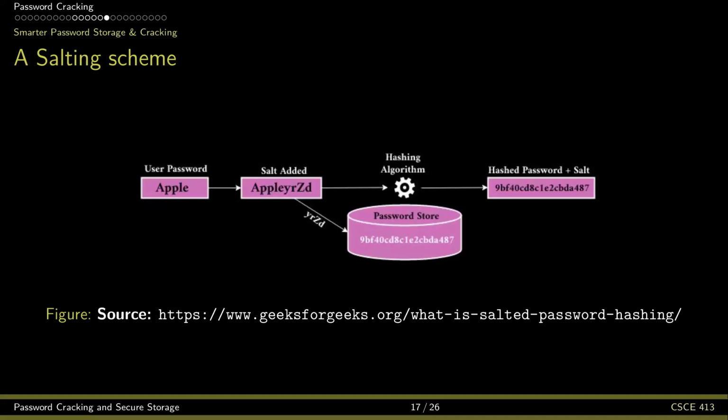And this causes all the final stored hashes to be different. Even more, even on the same server, before we had a problem: if two users use the same password and they are hashed using the same hashing function, the same hash would be stored in the database for both of them. So if a database leaks and my password was leaked, I know, hey, this is my password, this is my hash.